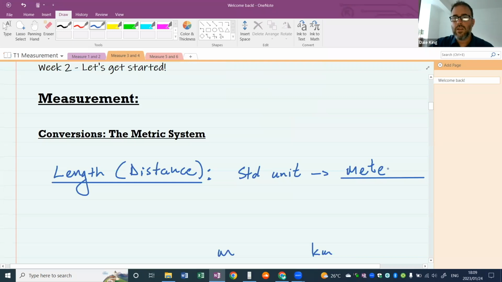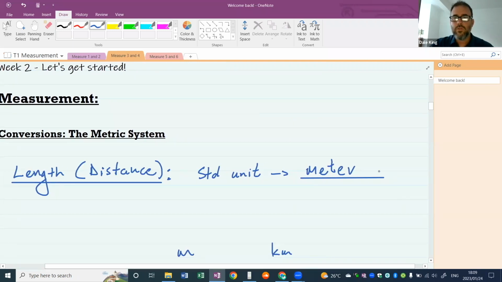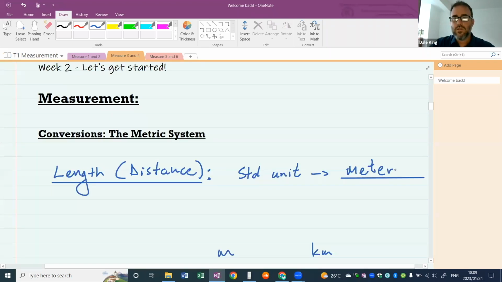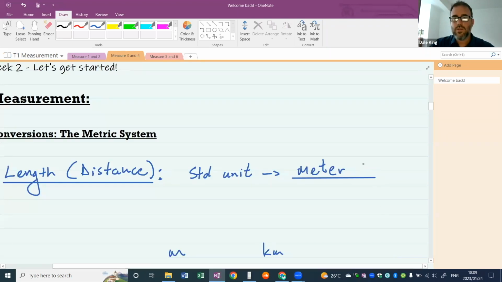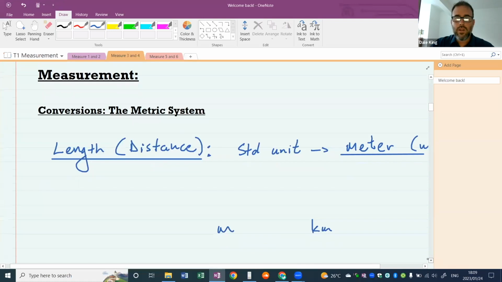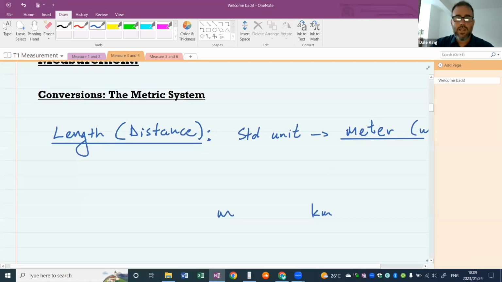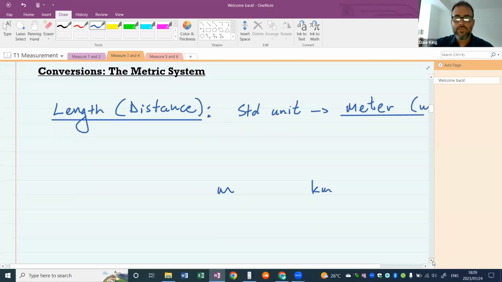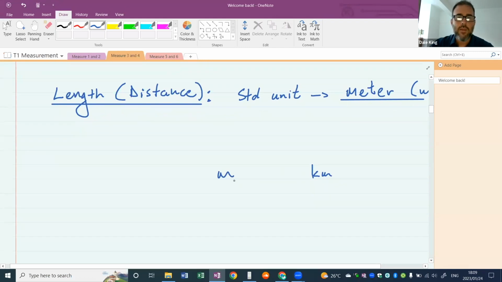All right, the meter. Okay. And we all know that the symbol for meter is M. So I'm going to write here next to it in brackets M, but you all, I'm sure, are aware of that. Okay. So now underneath here, we're going to talk about the scale, the length or distance scale. All right. And I've got there an M and a KM on the board.